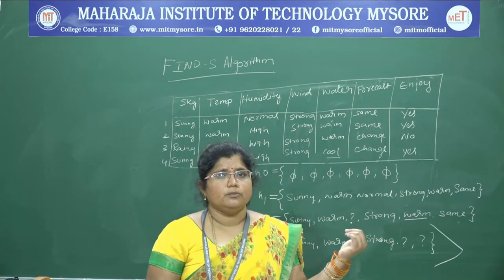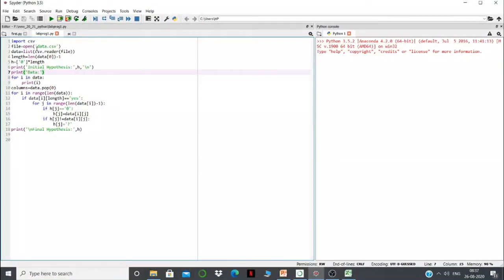Now let us move on to the program. While writing this, we need to import a few files which are not part of this particular program, but we need to import that file. So the file which we require here is the CSV file.